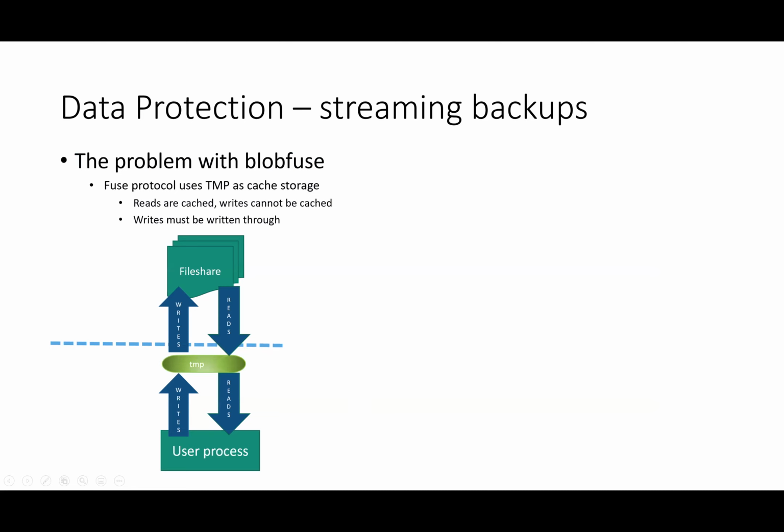The issue with Blob Fuse is that the Fuse protocol uses local storage as a temporary staging point. So when you think you're reading and writing to a file share, you're not actually doing that. RMAN thinks it's writing directly to the file share, but in reality, the Fuse library is writing everything that RMAN wants to write down to a staging area, and then the Fuse library copies the data across to the file share.